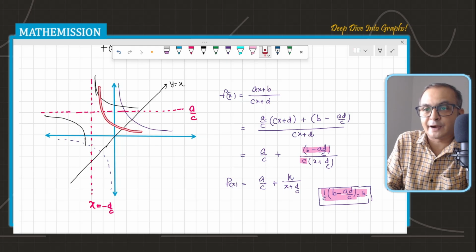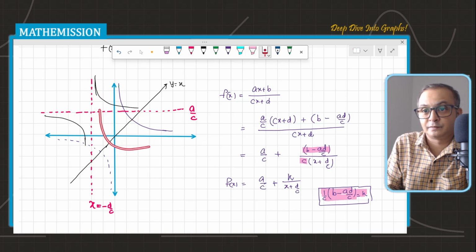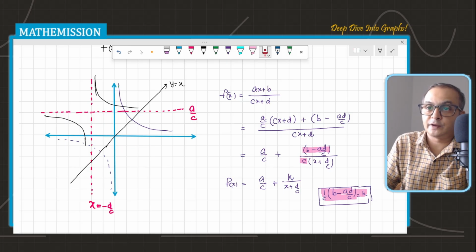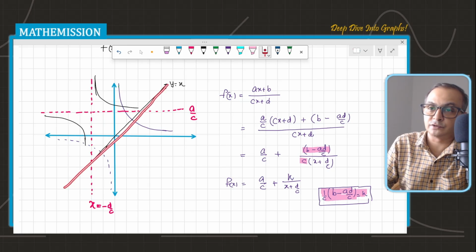To make it symmetrical about the y equals x line, I have to shift the graph by the same unit down. Then only it will remain symmetrical. When you're shifting left, you have to shift down. Then only it will remain symmetrical about y equals x.